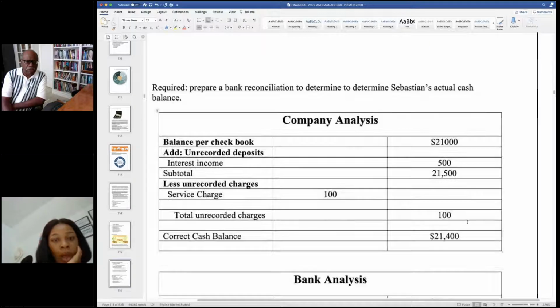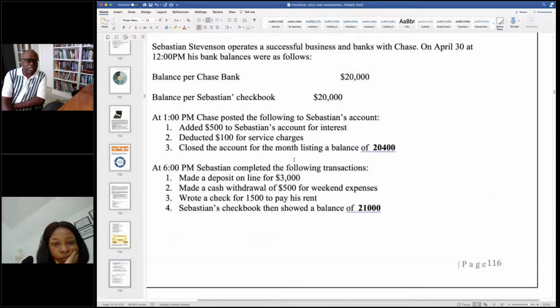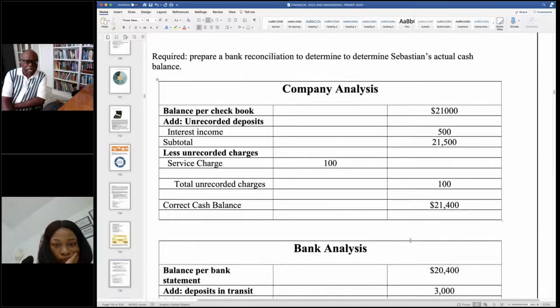Now let's go to the bank analysis, where the bank said his balance was 20,400. So for the bank analysis, we put the 20,400 in.